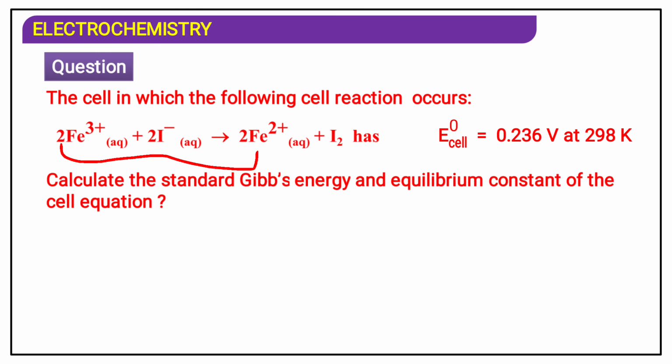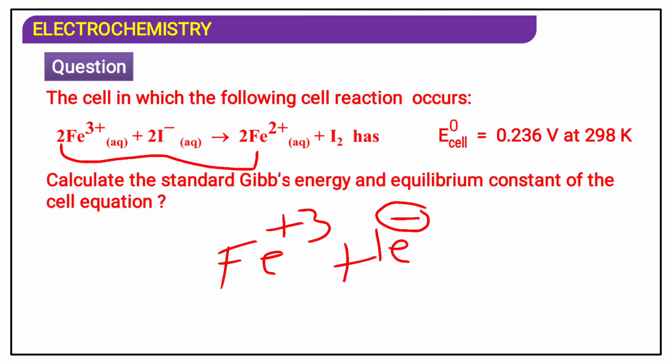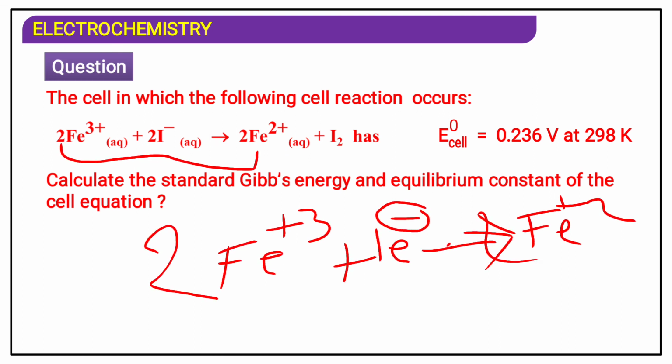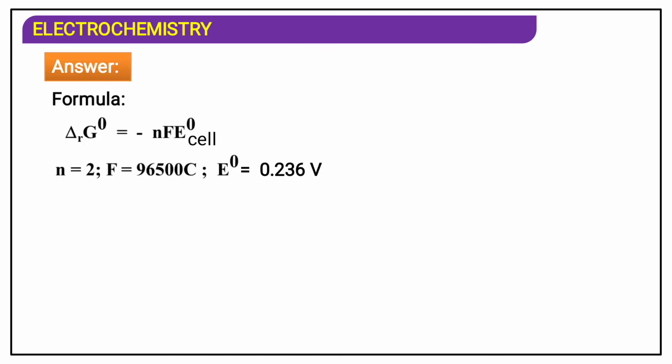Fe plus 3 takes 1 electron, with negative charge, and is converted into Fe plus 2. So 1 Fe plus 3 converted into 1 Fe plus 2 requires 1 electron. 2 Fe plus 3 converted into 2 Fe plus 2 requires 2 electrons. That is a small logic here. That's why the number of electrons is 2. Keep in mind, the number of electrons is 2.